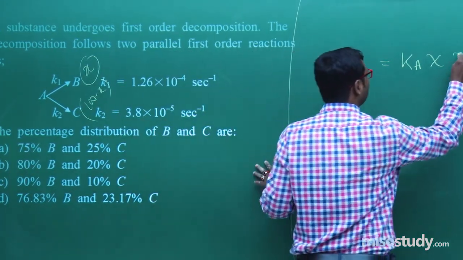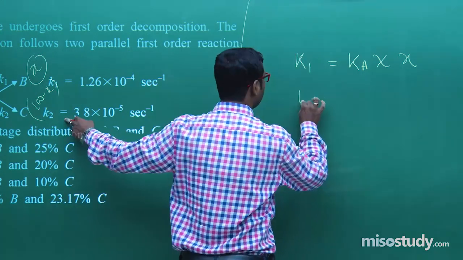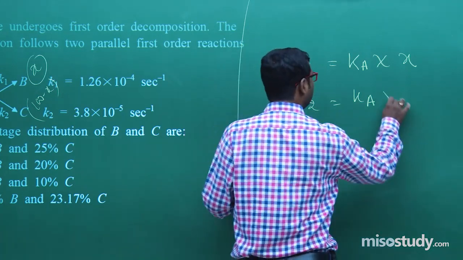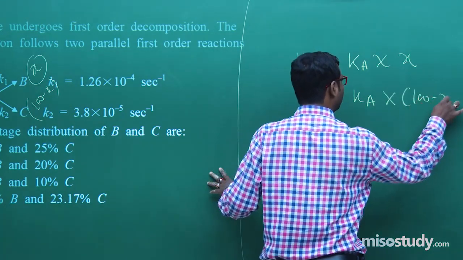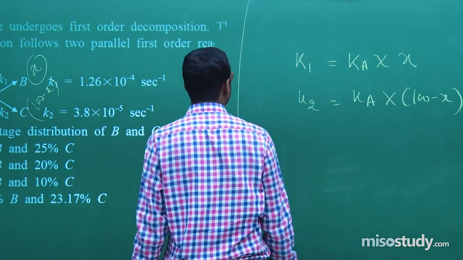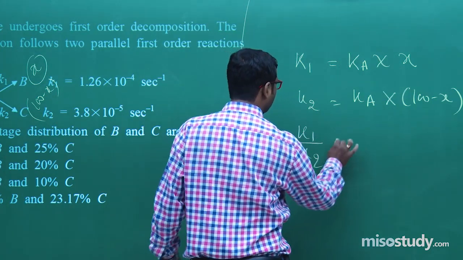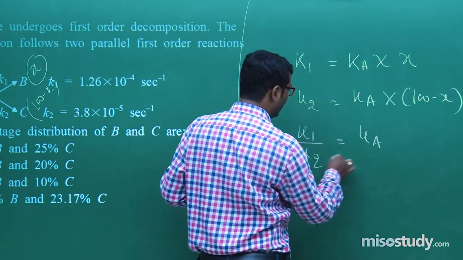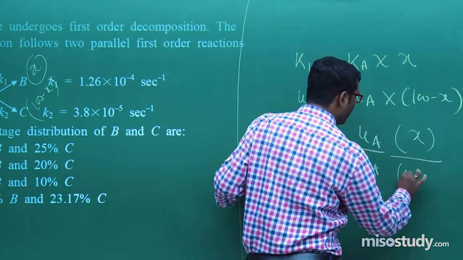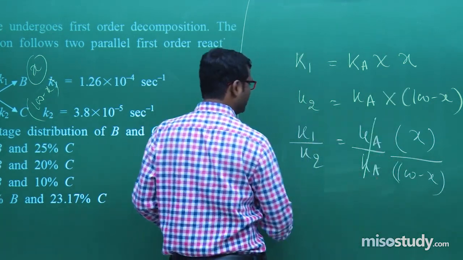And K2 is again Ka multiplied by 100 minus x. Now what is the distribution in this case? It's very simple. K1 upon K2 is equal to Ka upon Ka into x upon 100 minus x. Clear? This will cancel.